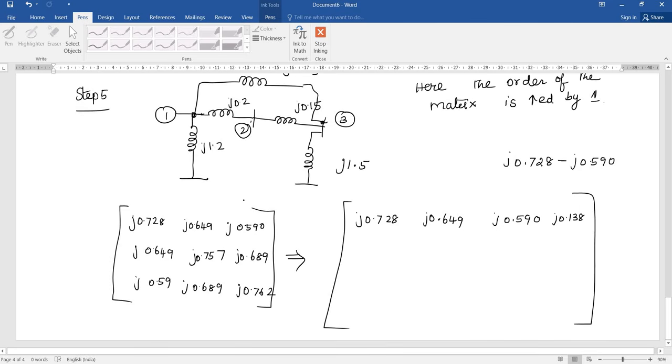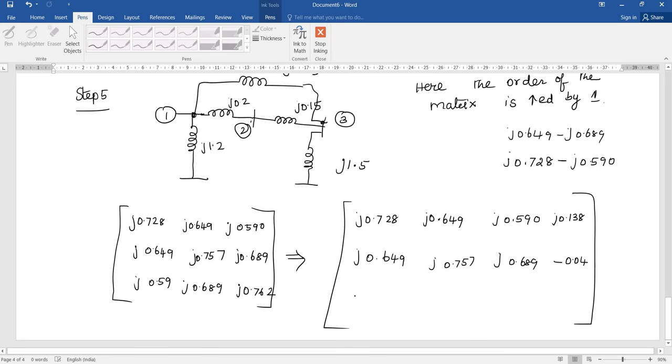Okay, next the same element: J 0.649, J 0.757, J 0.689. Now J 0.649 minus J 0.689, the answer may be minus J 0.04.